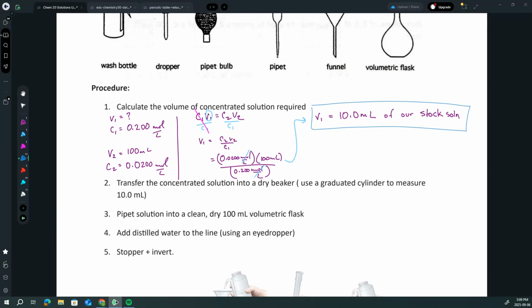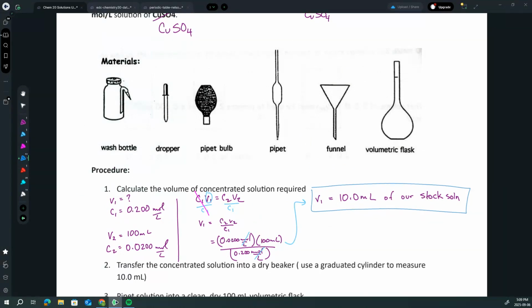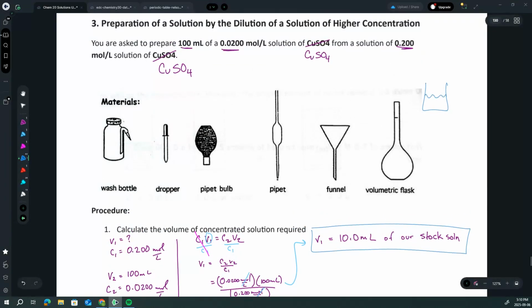Okay, so how you would create this dilute solution is, first you would take the pipette bulb and the pipette, and essentially you would have your stock solution in a beaker. You would take your pipette and take out 10 milliliters of that stock solution out of the beaker, and you would put it in your volumetric flask, and then you would add in water to your volumetric flask until you got to the top of it.